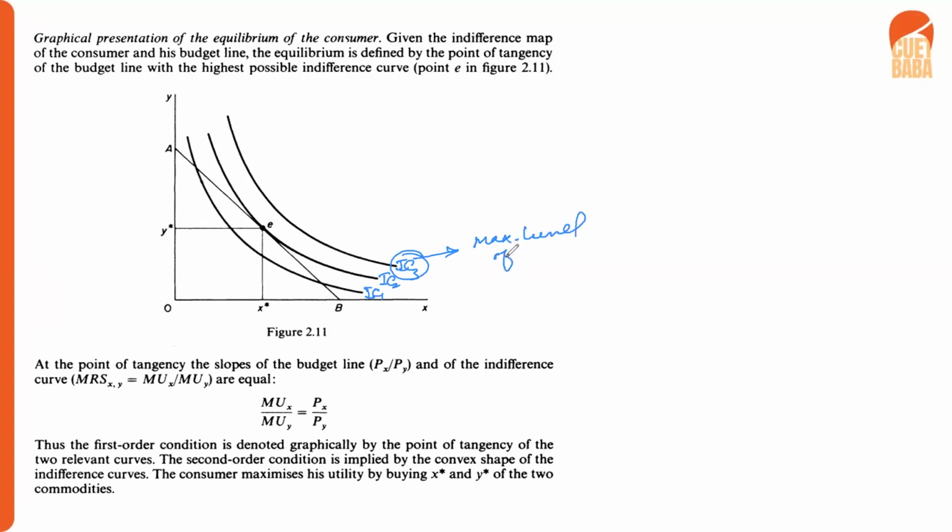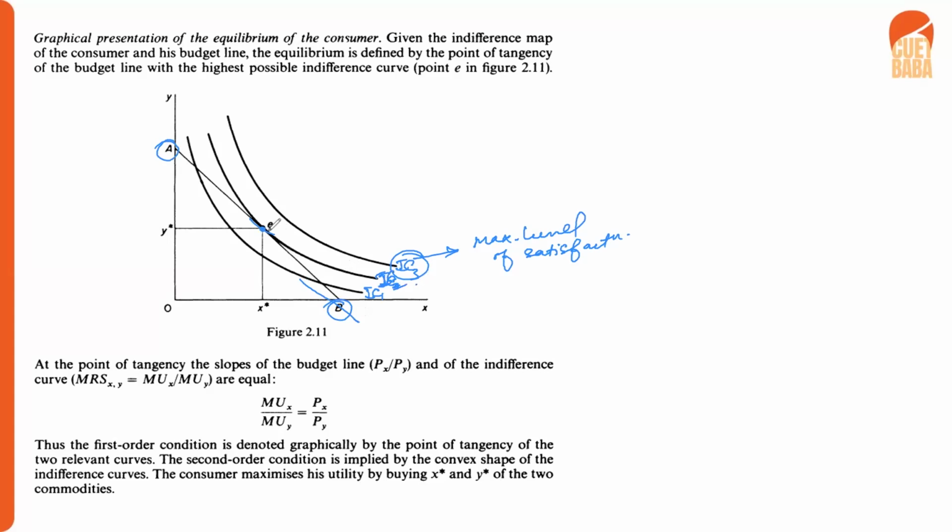In the earlier cases, we said that the higher the IC, the higher the utility received by the consumers. But in this case, is it possible? It is not possible because the budget of the consumer is given by A and B. So this would be the budget line of the consumer, and at that point lies IC2.